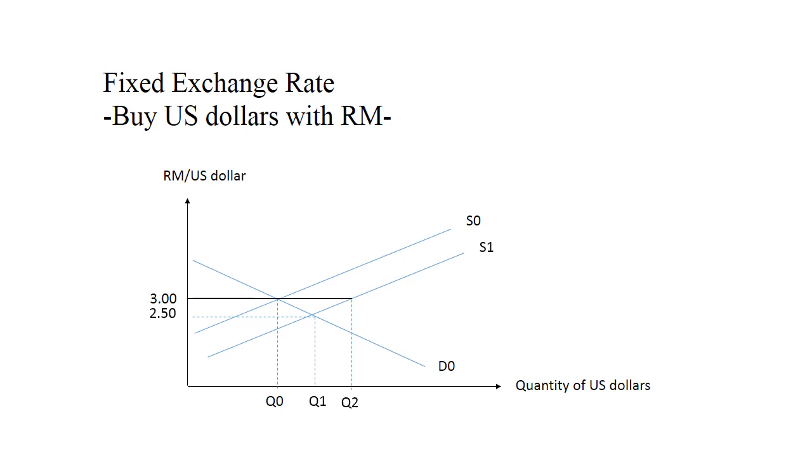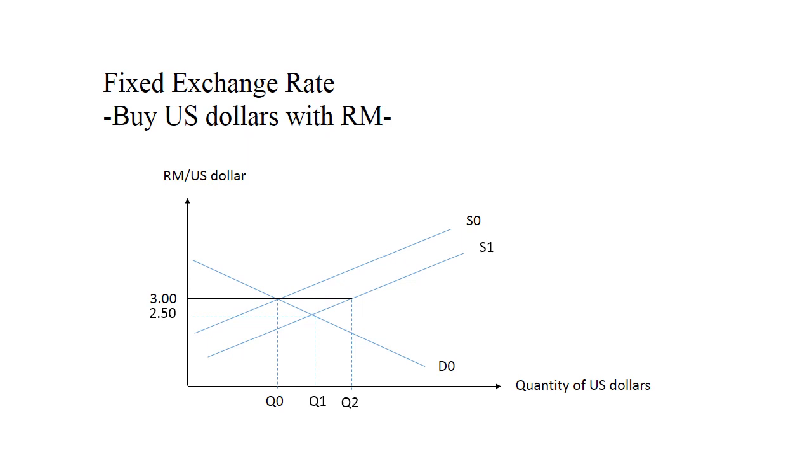So when there's excess supply of US dollar, what does the government need to do to make sure that the Malaysian ringgit will not change? The Malaysian government doesn't want to allow the US dollar to depreciate, so the Malaysian government will buy the US dollar surplus with Malaysian ringgits.